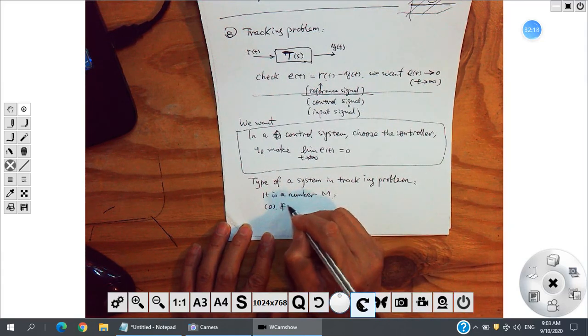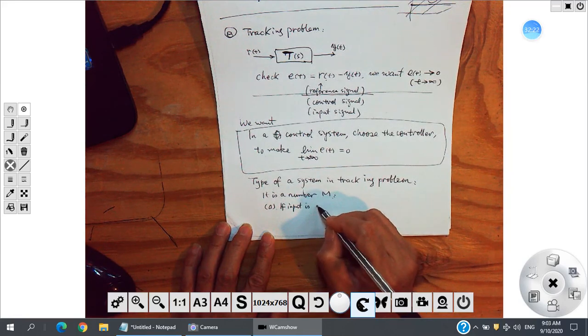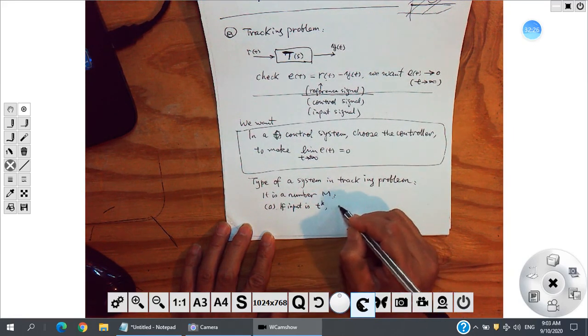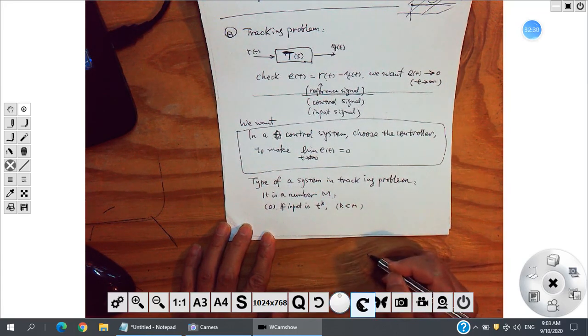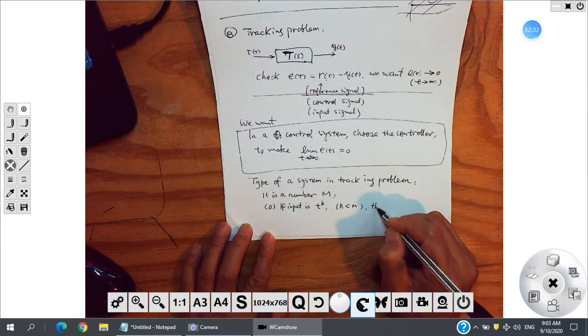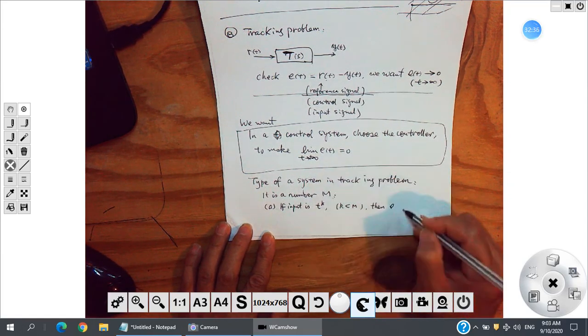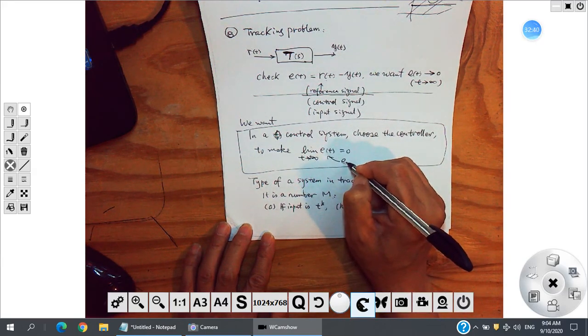If the input is t to the k, where k is a number smaller than m, then that e, we call this ESS, the steady state error.